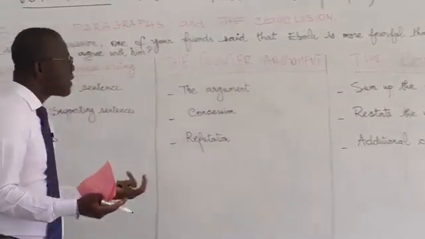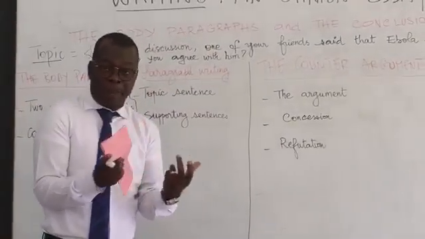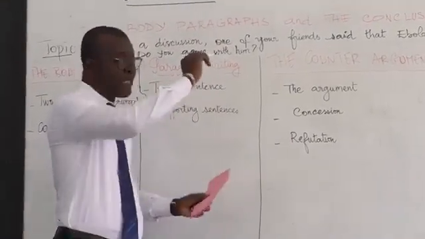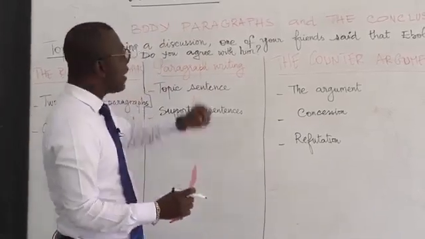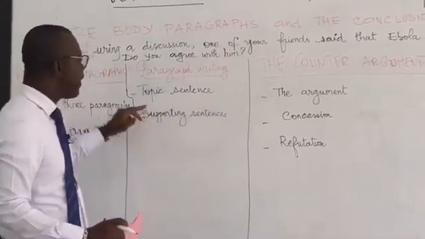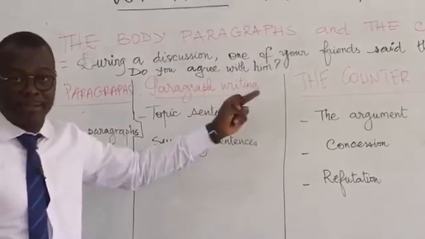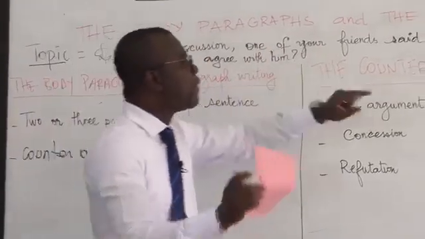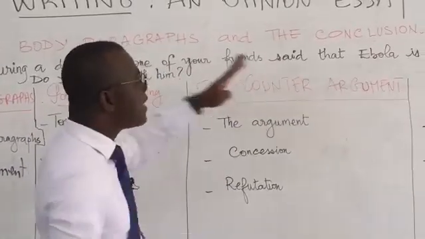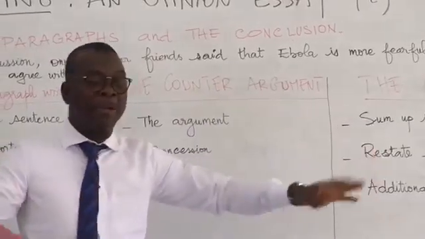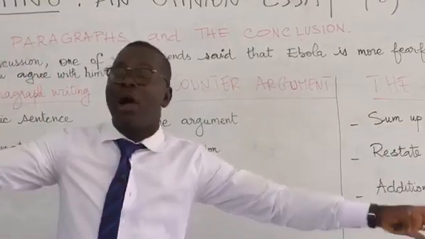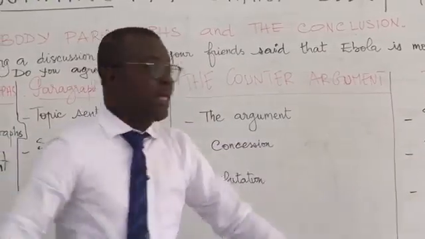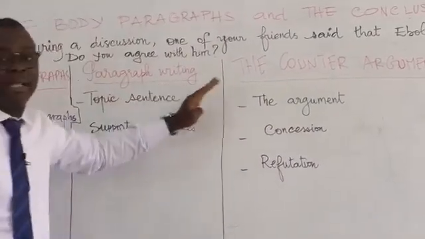So once you have your opinion and your different arguments, each argument will be a topic sentence. If you say, for example, that COVID-19 is more fearful because it contaminates all over the world, this will be your topic sentence.